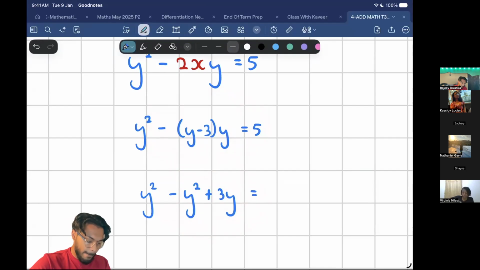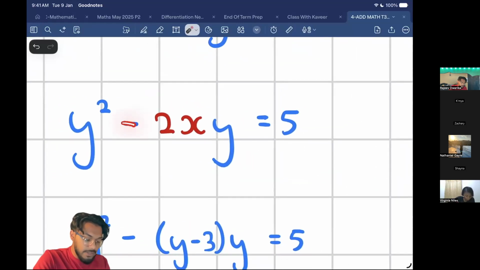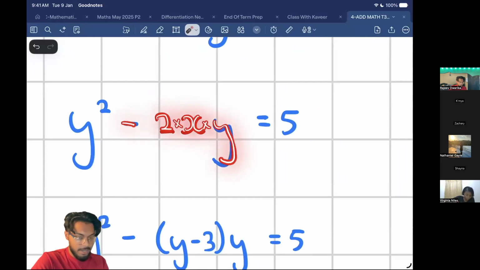Yes, sir. I don't really understand the whole multiplication thing, but I don't understand why we multiply by y also. Yeah, because look at this, right? It's minus 2x by y.